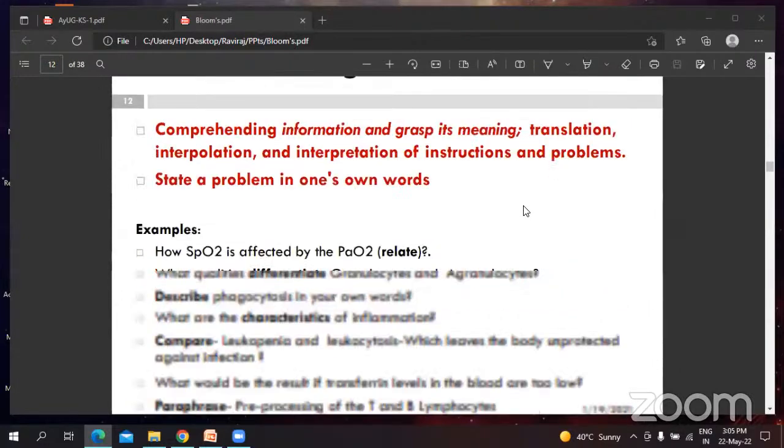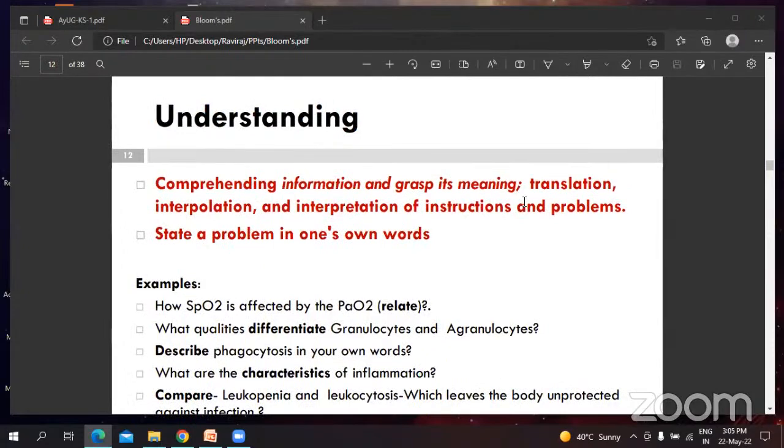Now we will move on to the fourth level, which is known as understanding. So now we have information, right? We know how to apply that information and we know how to analyze those things. So this will develop our process of understanding.